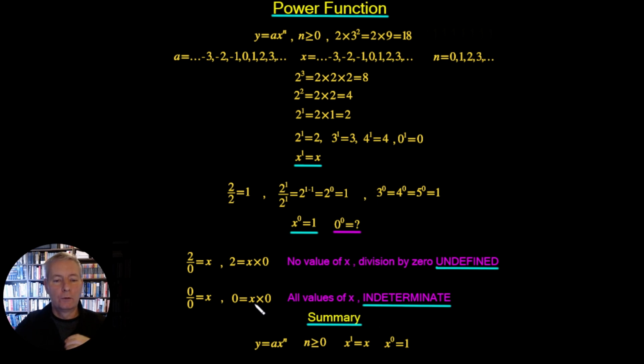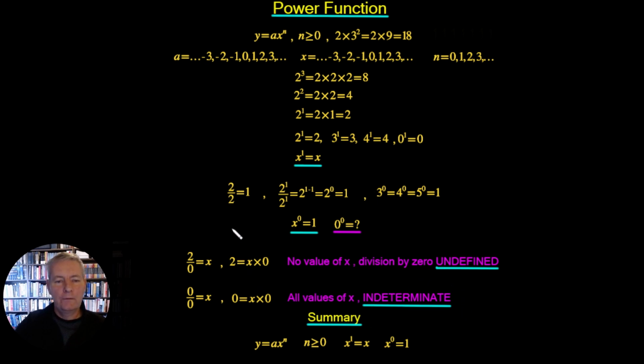Every number that you multiply by 0 gives us a number 0. So differently from the above, where that is undefined, there is no solution. In this example here, there's an infinite number of solutions. So every value of x is a solution. So therefore we say in that instance that the solution is indeterminate.